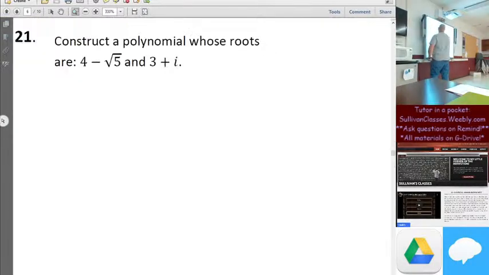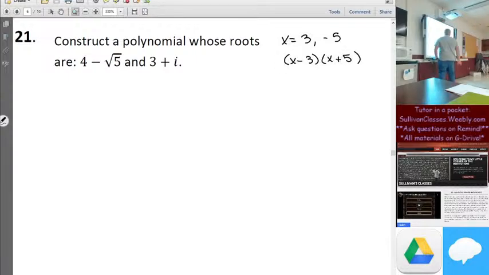Constructing polynomials. Remember that if I say x is 3 and negative 5, I would do this. Same thing works for these. They're just bigger and uglier.